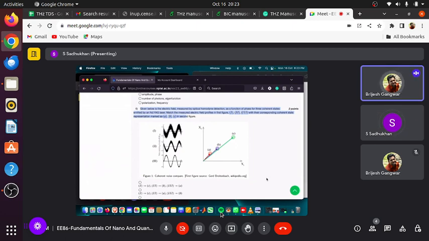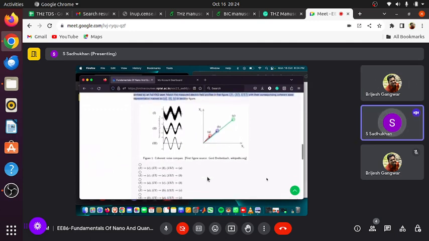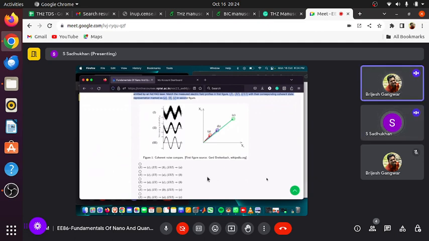Okay, so what is the question? It is some correspondence they have asked to draw, like which graph corresponds to which position in this generalized coordinate system. So what is your doubt?